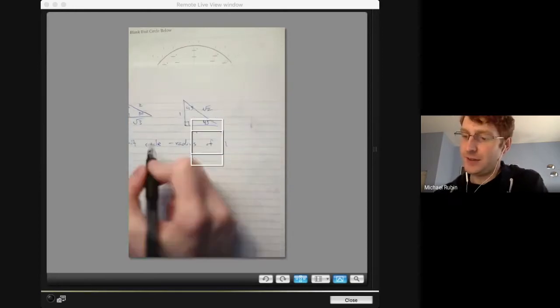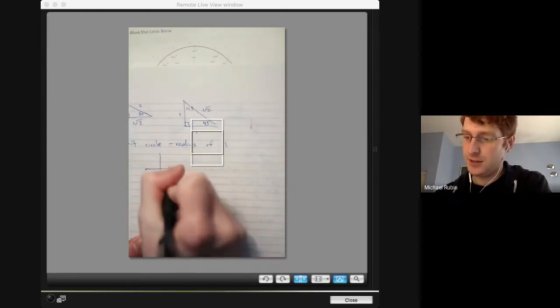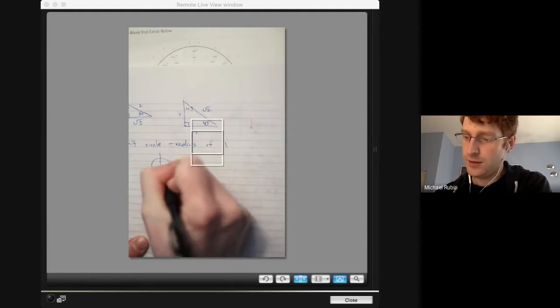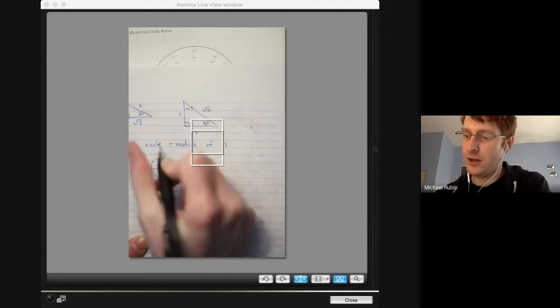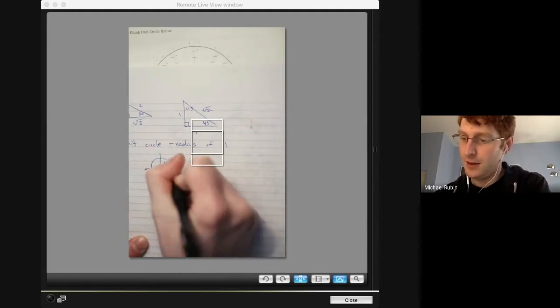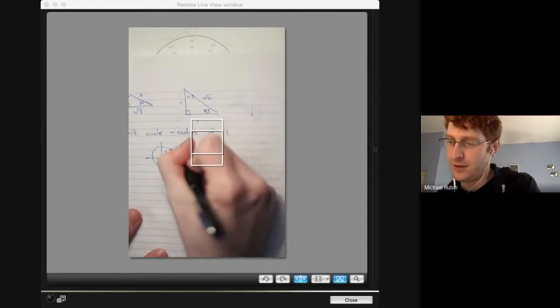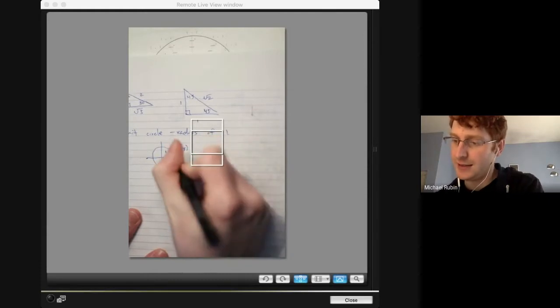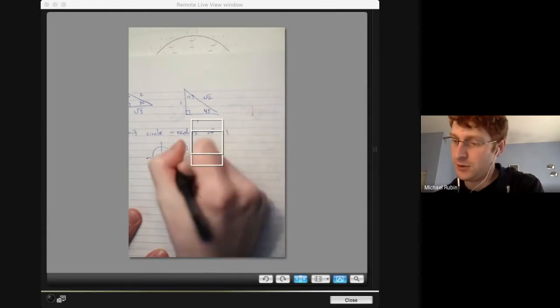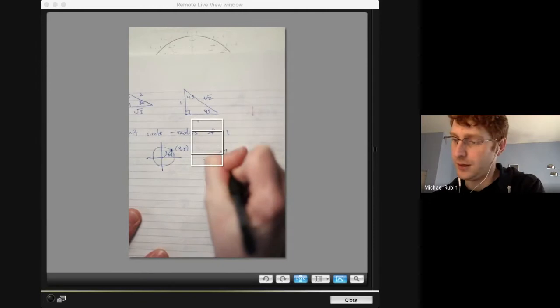Because the radius is 1, if you take any angle on there, like theta, the coordinate value xy that corresponds to theta creates a little reference triangle in here, and I'll draw that a little bigger.